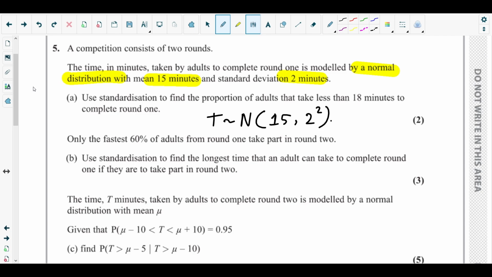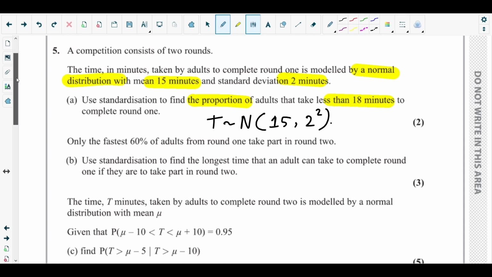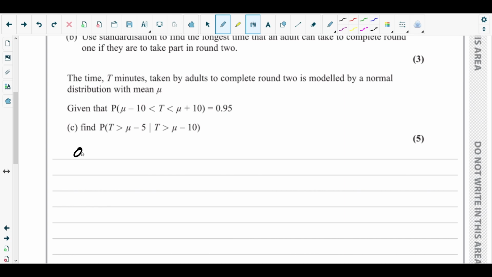Now part A asks us to use standardization to find the proportion of adults that take less than 18 minutes to complete round 1. So we need to find the probability of T less than 18.